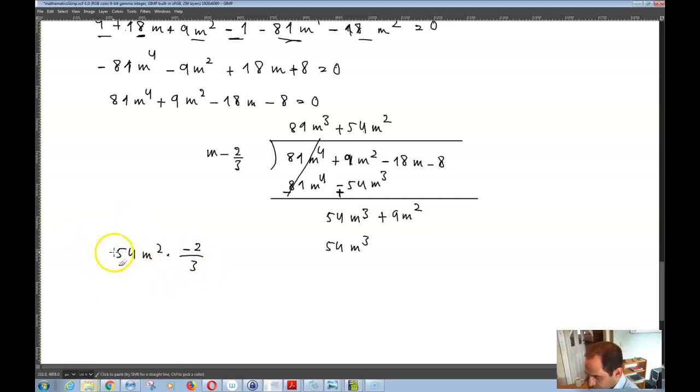well, 54 divided by 3 is equal to, 27 times 2 is equal to 54, right? So this is 2 times 27, and 27 divided by 3 is equal to 9.